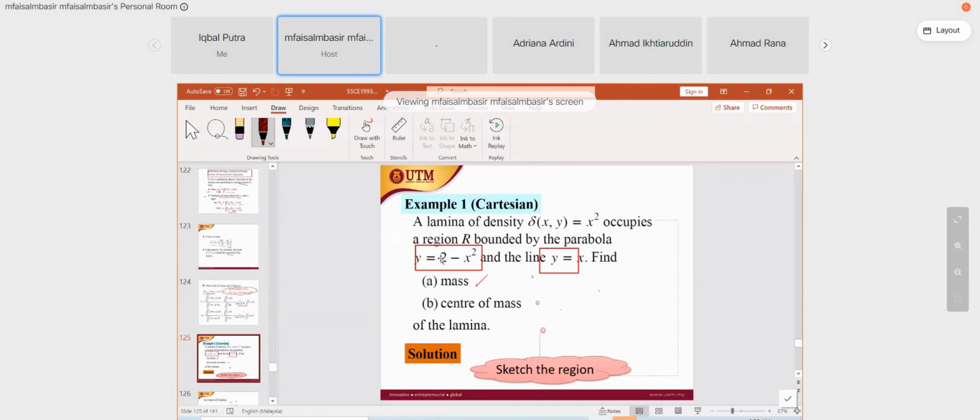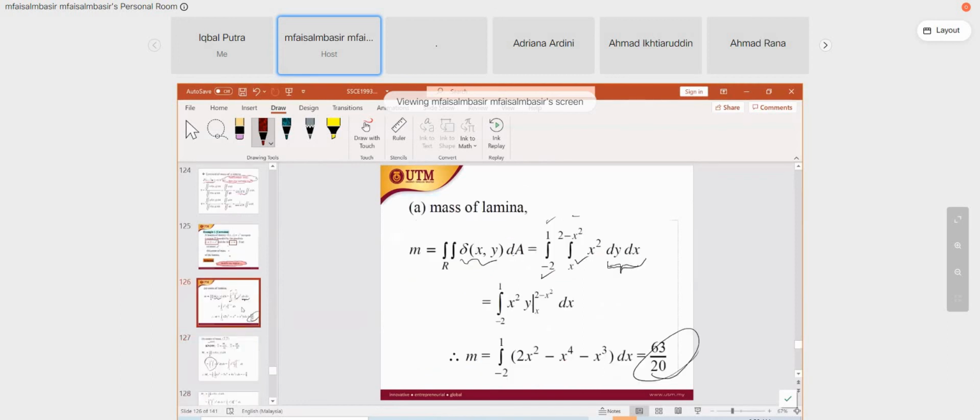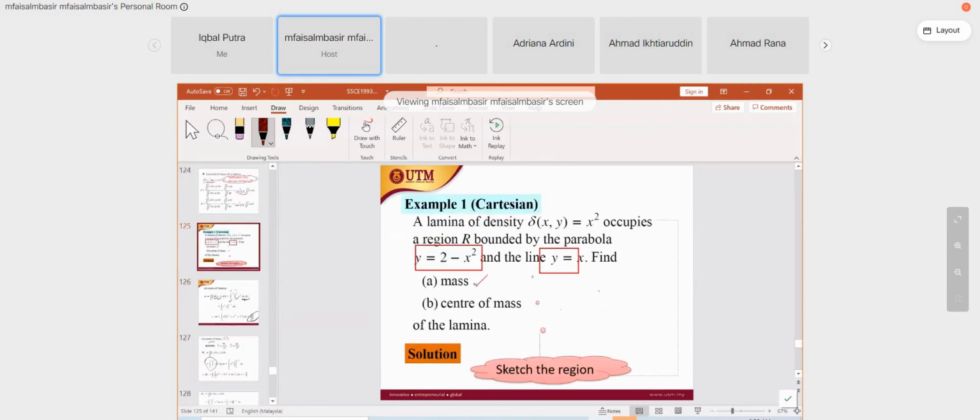Solution. First, sketch these two regions. If I sketch them, the parabola crosses at negative square root 2 and square root 2, and y equals x will be like this. Which one is bounded?